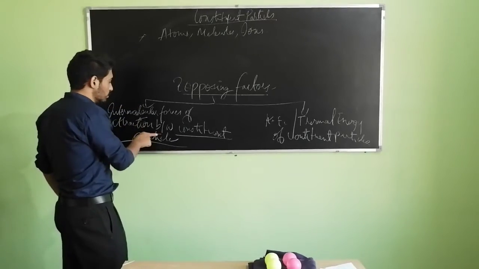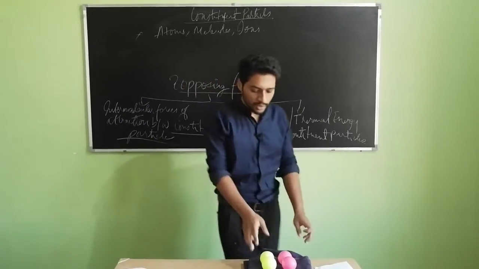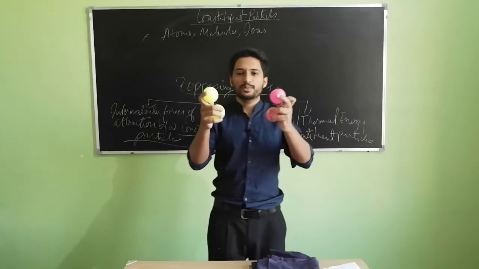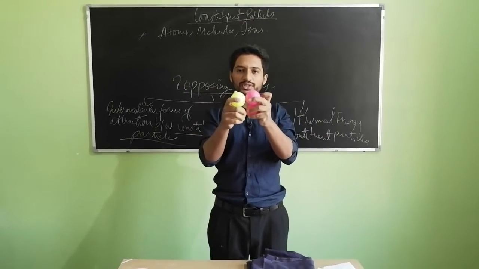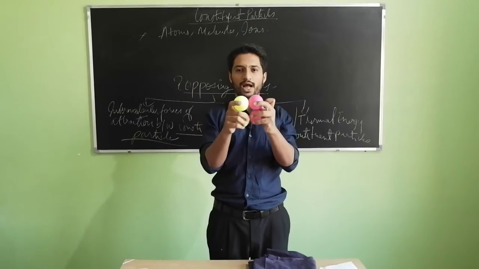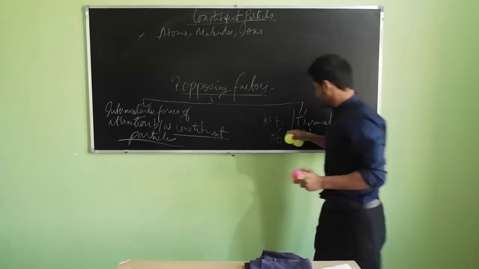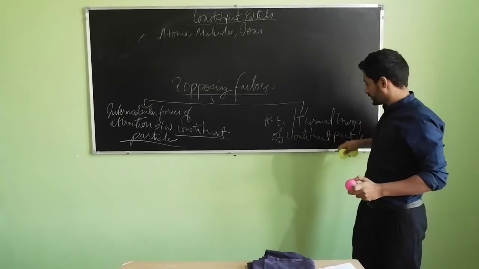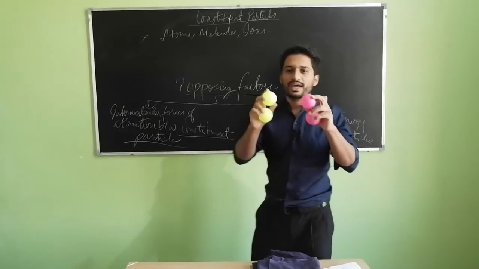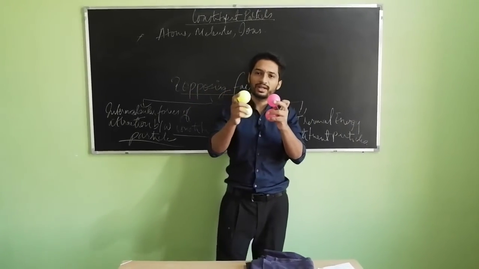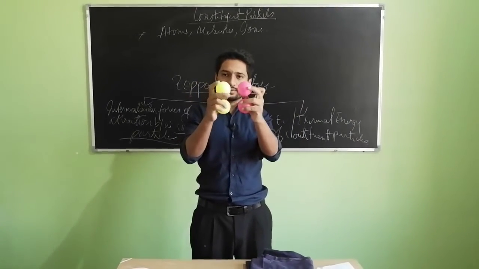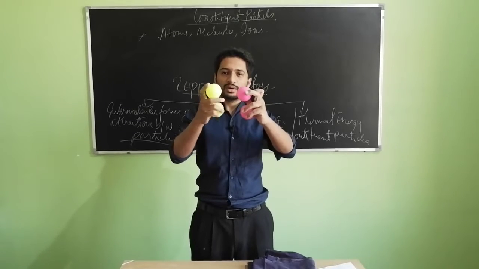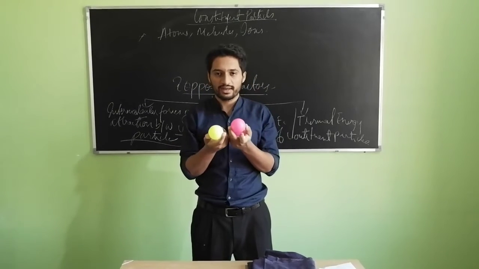The first is intermolecular forces of attraction between constituent particles. These constituent particles, these atoms, are attracted to each other due to intermolecular force of attraction. And the second one is the kinetic energy or thermal energy of constituent particles. They have kinetic energy due to their motion. Where do they get this kinetic energy from?